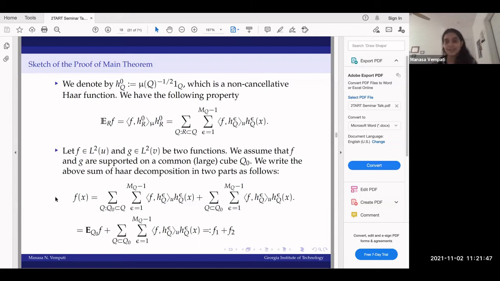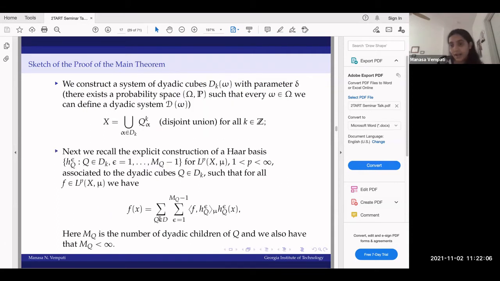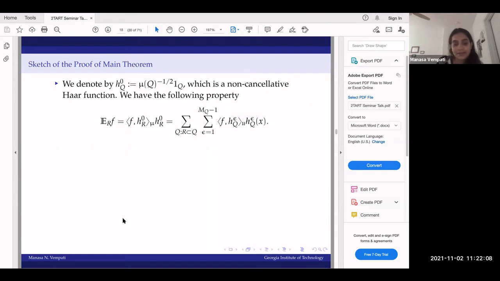two test functions f and g, and we write down both of these functions in terms of the Haar coefficients by considering that they have a common large support Q_0. As you've seen earlier, we have a Haar decomposition for our function f of x.